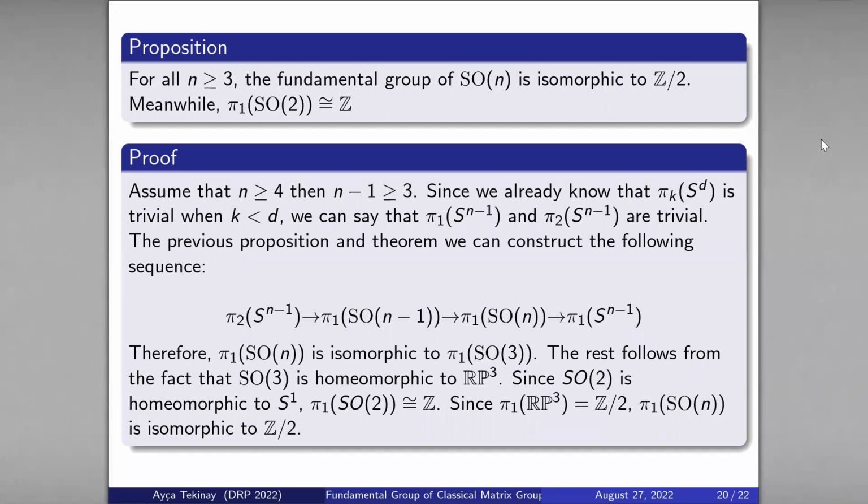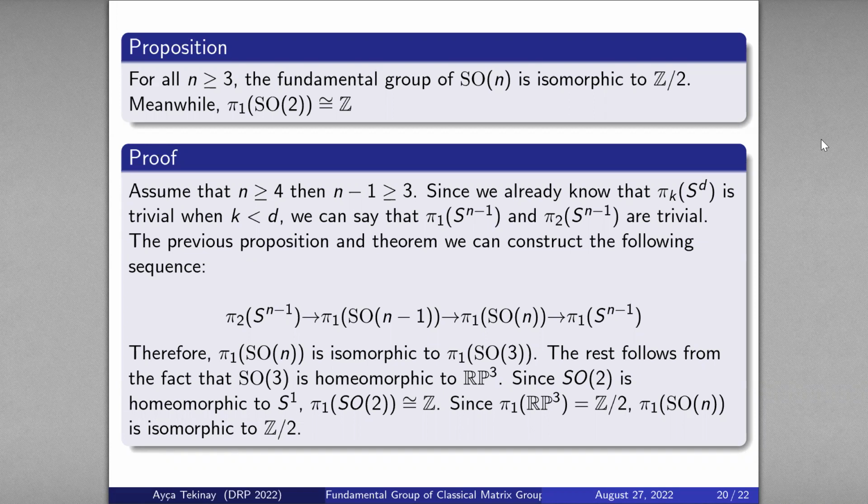And with the previous proposition and the theorem, we can construct the same long exact sequence as before, but with fundamental groups. When we have this long exact sequence, still the first one and the last one are trivial, so the middle part should be an isomorphism. Therefore, pi 1 of SO(n) is isomorphic to pi 1 of SO(3) for all n greater than 3.